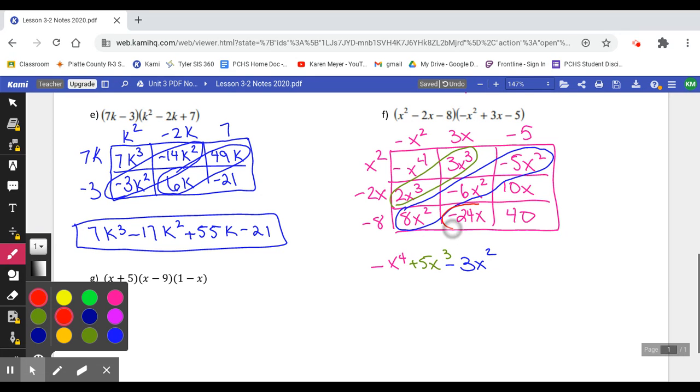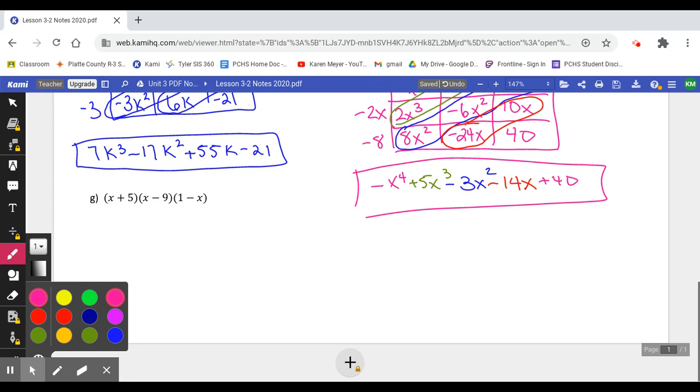And then negative 24x plus 10x will give me negative 14x. And then we keep the plus 40 at the end. Done.